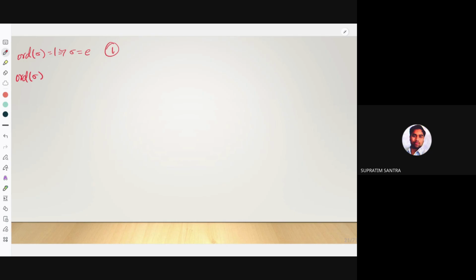Now order of sigma is 2. So now we need to find the number of elements of order 2 in S4.